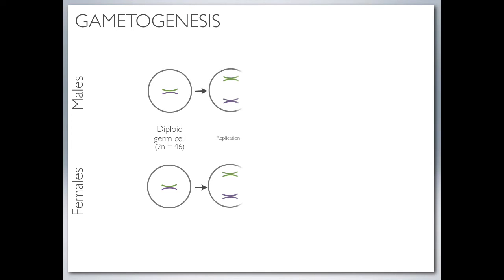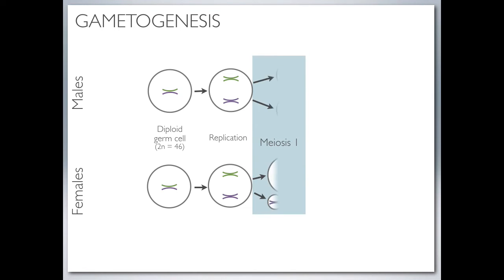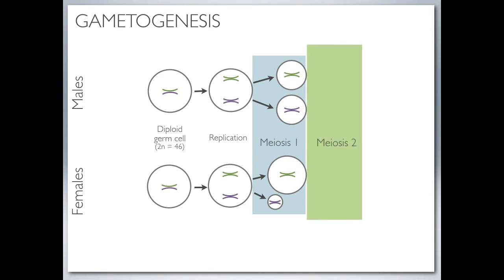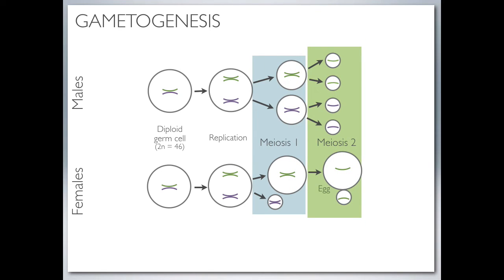And just like we saw for mitosis, we have a process of replication. But then things begin to look different. So we have 2 stages of meiosis. They're different between males and females. And then we have a second stage of meiosis, which is also different.